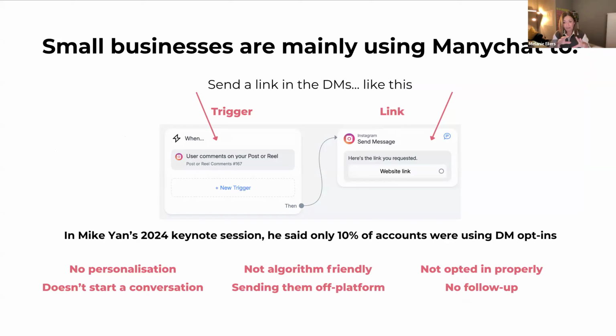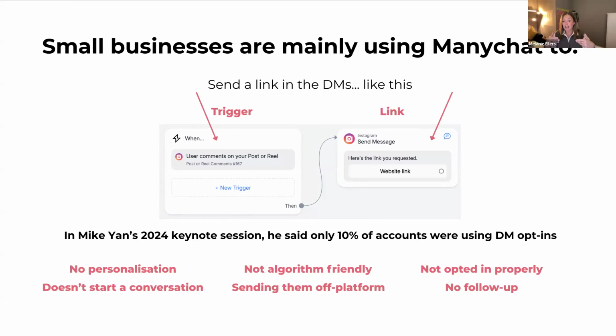Now, this is very functional. There's nothing essentially wrong with this at all. However, the benefits of chat marketing and what Manychat allows us to do means that people who are using this kind of automation are missing out on a whole shed load of other stuff that can really help them personalize their connection with their followers and get a higher conversion rate.